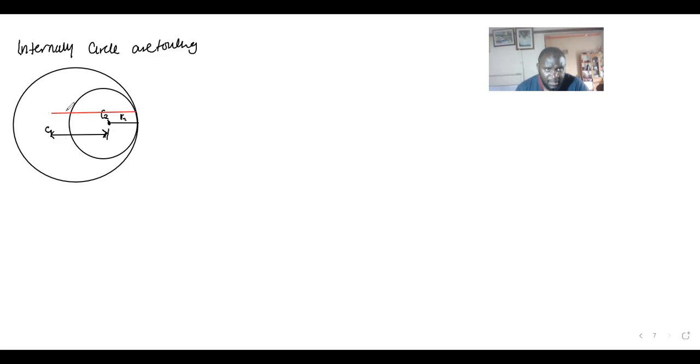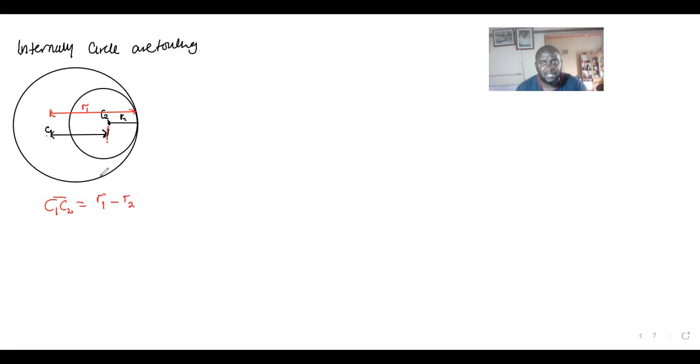That is your R1. Now, you see the distance from here up to here is C1C2. So C1C2 in this case is equal to radius R1 minus radius R2.